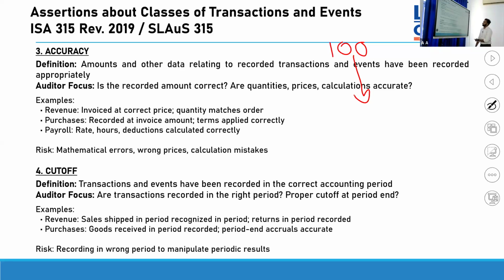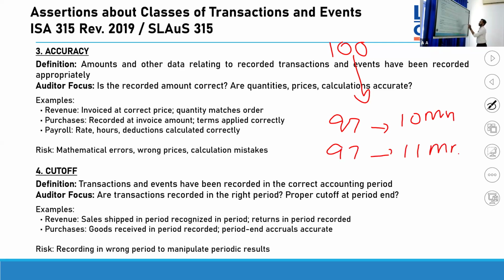Let's say you have recorded the 97th invoice as 10 million rupees, but the actual amount of the 97th invoice is 11 million. So there is a 1 million difference, no? Which means accuracy is not there.